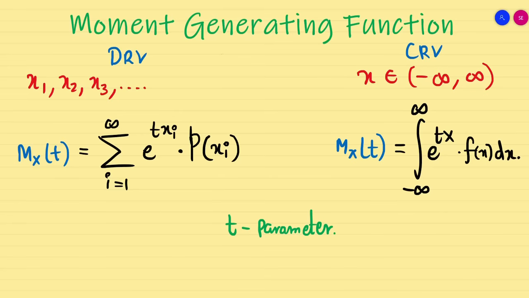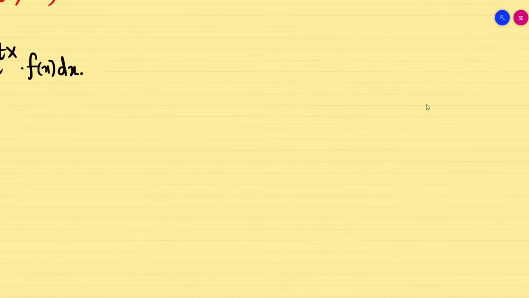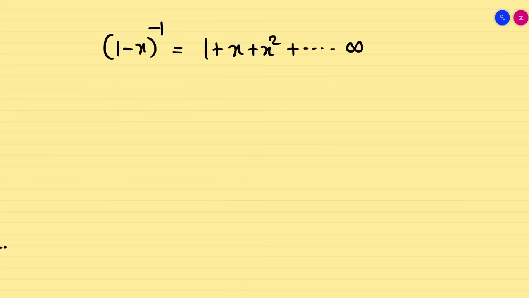Now we will solve problems using moment generating functions. Some basic formulae we need: you know that (1 minus x) whole power minus 1, when mod x is less than 1, is 1 plus x plus x square etc. up to infinity.